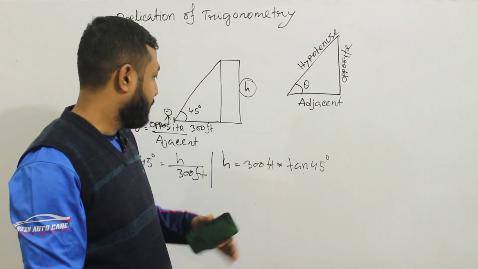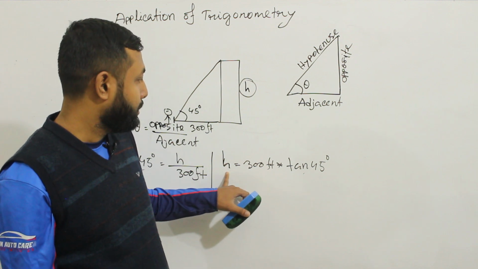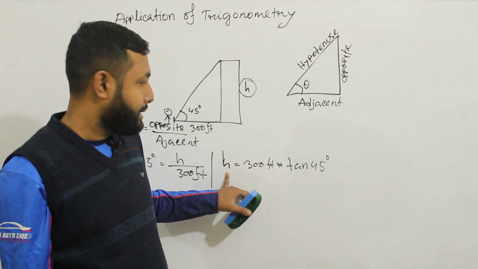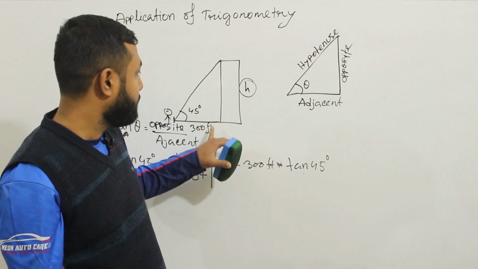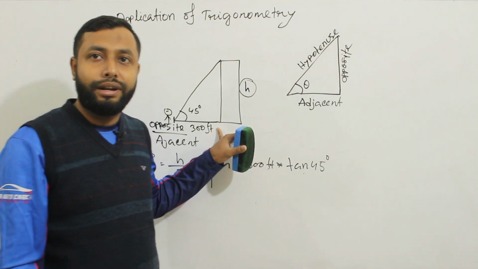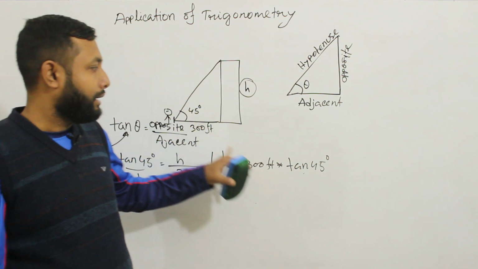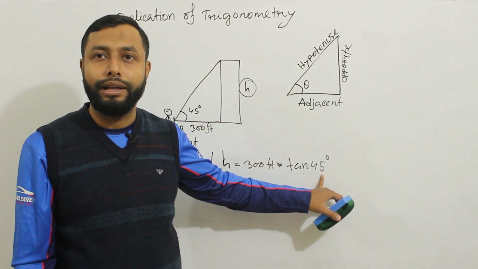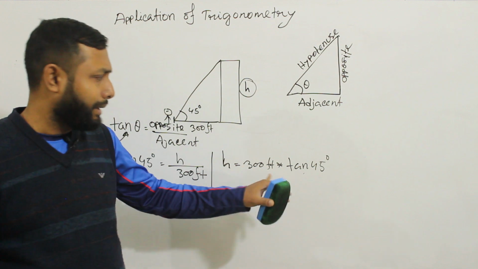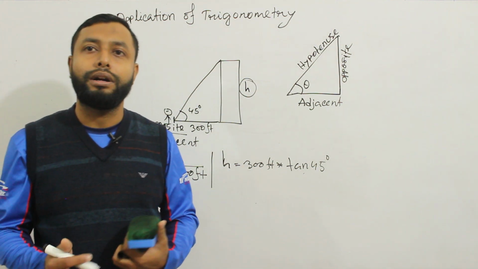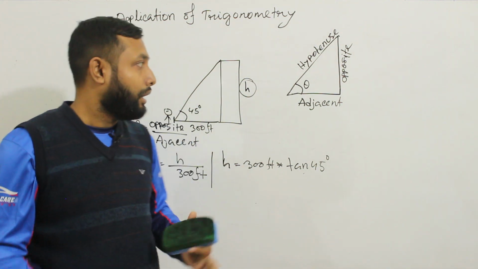Then we can just measure it by using that formula. h is equal to the distance from the building we are standing at, multiplied by the tangent of the observing angle. So if we multiply those two values, then we are able to calculate the height of an unknown building.